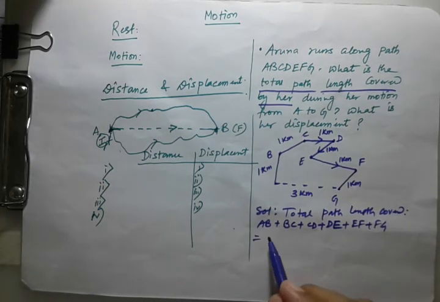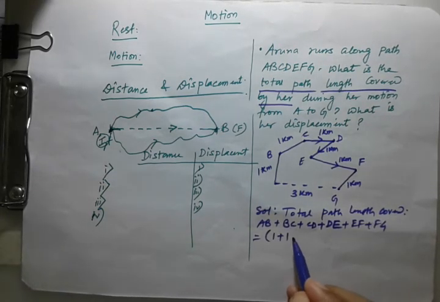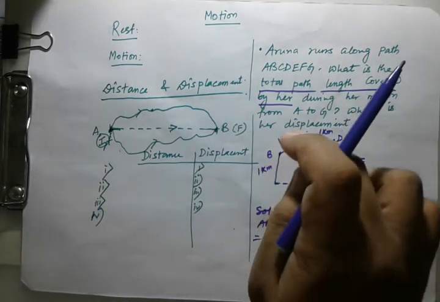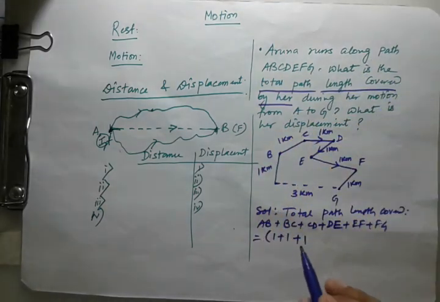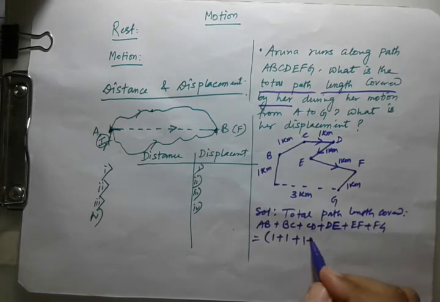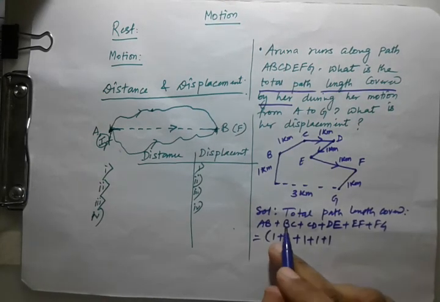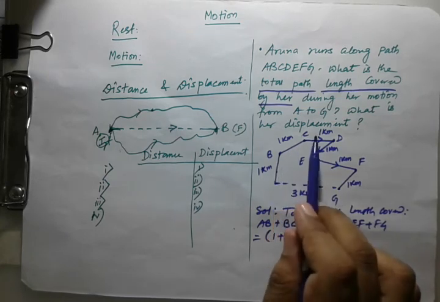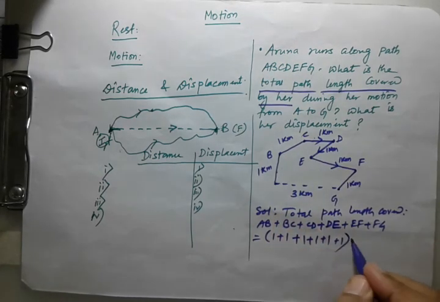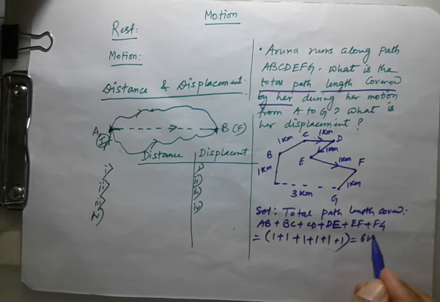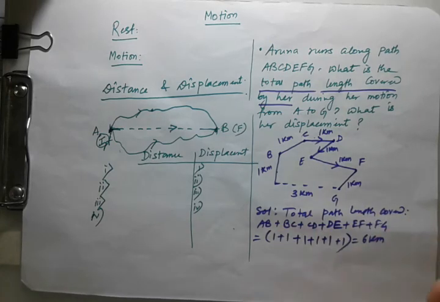Then you can write 1 plus 1 plus 1 plus 1 plus 1 plus 1, all the ones. So 1, 2, 3, 4, 5, 6. So 6 kilometers. Total distance traveled is 6 kilometers.